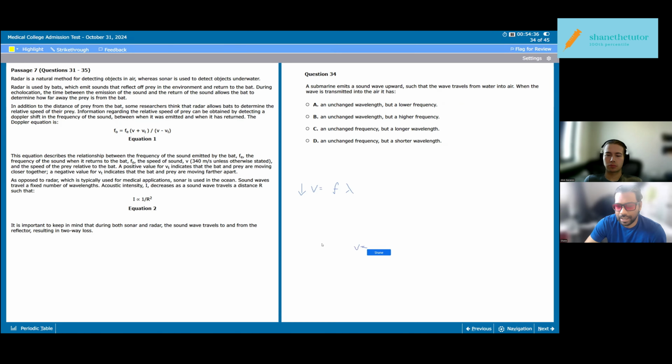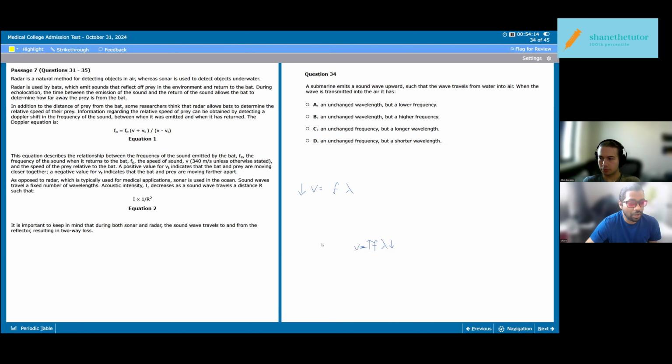Earlier, if we had velocity as a constant, then if frequency goes up, wavelength must go down and vice versa. But here, velocity is not a constant.